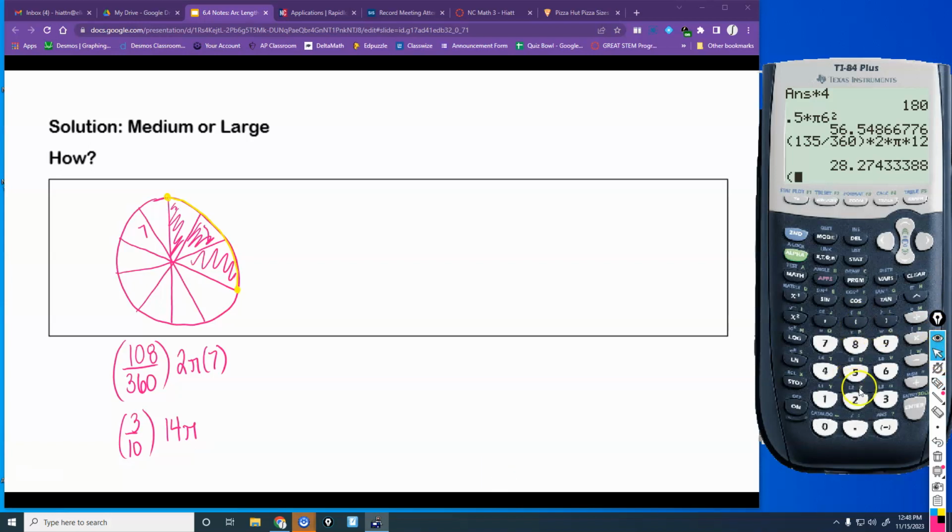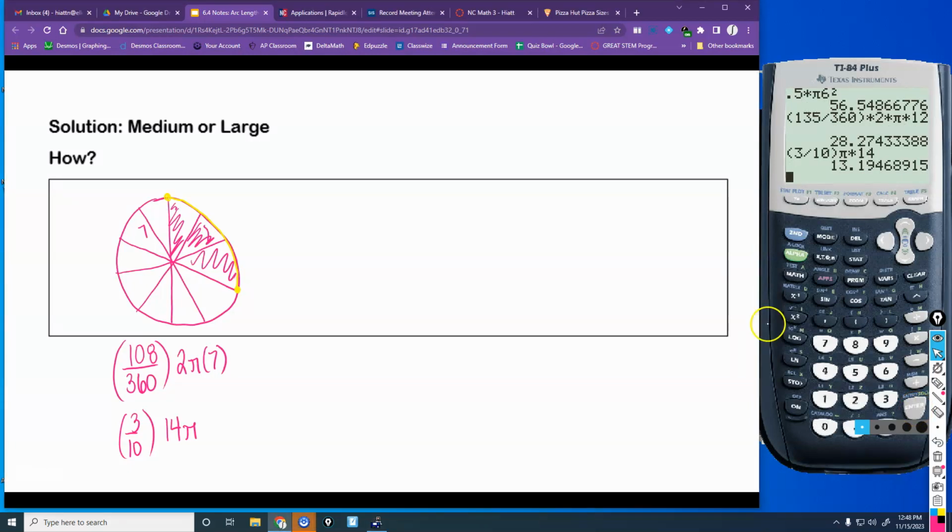So if I type this in, 3 divided by 10 times pi times 14, I get 13.194. And that's 13.194 inches of crust for our large pizza.